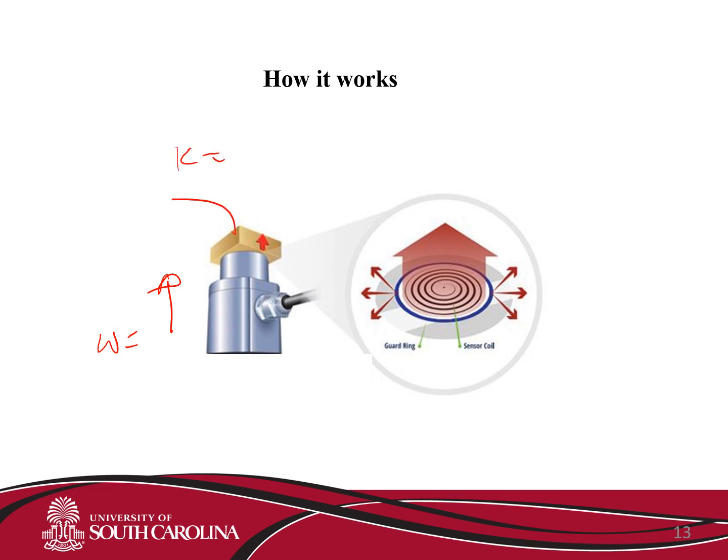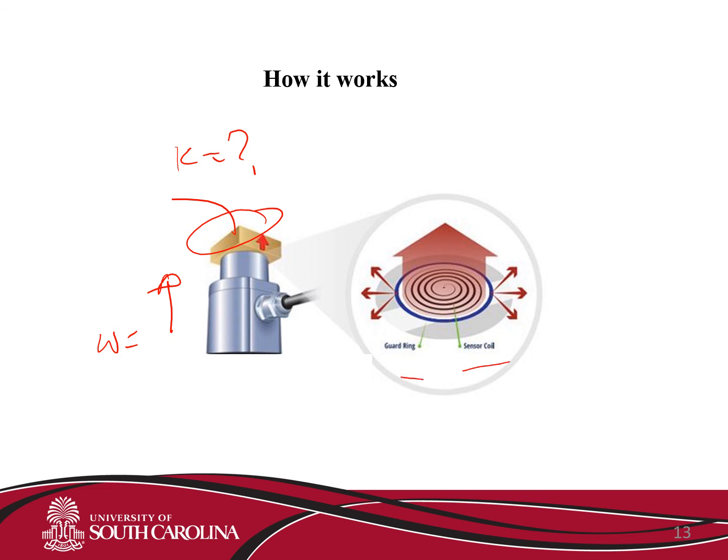We need to find the thermal conductivity of this material. So we add it up. I will show you. It provides a small amount of heat contact to the surface, and this surface is called the guard ring, surrounding the primary sensor coil to support one-dimensional heat transfer into the sample. This is the sample.